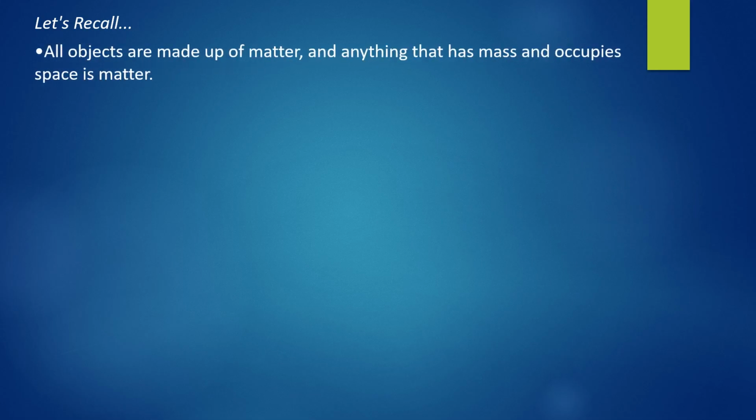At the end, let's recall whatever we have learned in this chapter. First, all objects are made up of matter, which means all the objects we see are made up of different things. Anything that has mass and occupies space is matter. Suppose pencil, pen, book, all these are called matter.